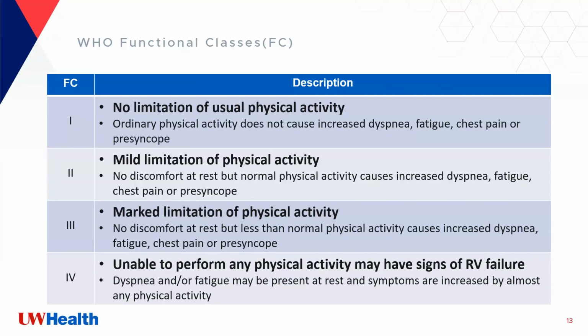So functional class 1 is where patients have no limitation of usual physical activity. Functional class 2 is where patients have mild limitation of physical activity. 3 is where they have marked limitation of physical activity, and 4 is the most severe form where patients are unable to perform any physical activity or they have symptoms present at rest.